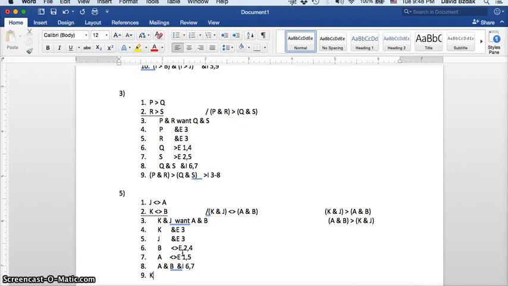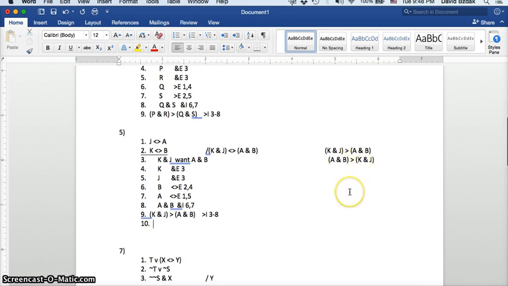So now we got K and J conditional A and B, and that's by conditional introduction of 3 through 8. Okay, and then we're just going to do the same exact thing to get this conditional. We're going to indent, we're going to assume A and B, want K and J.